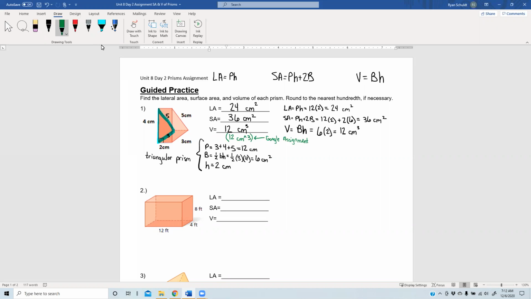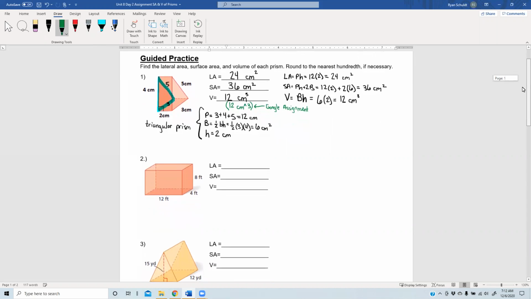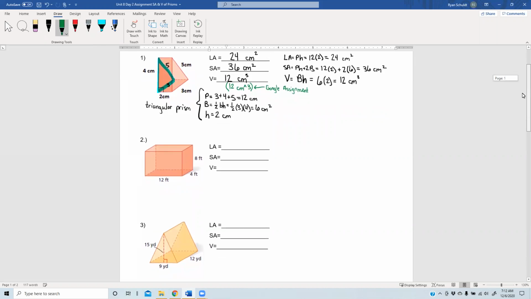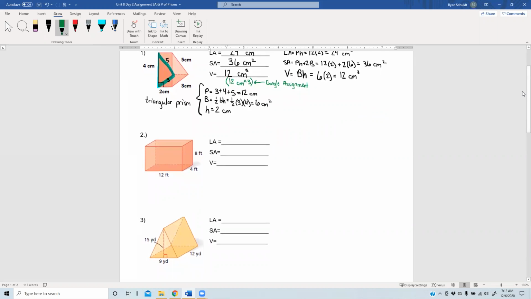Okay, next one. Now, if I look at number 2, do I see any other shape besides rectangles? No, I don't.